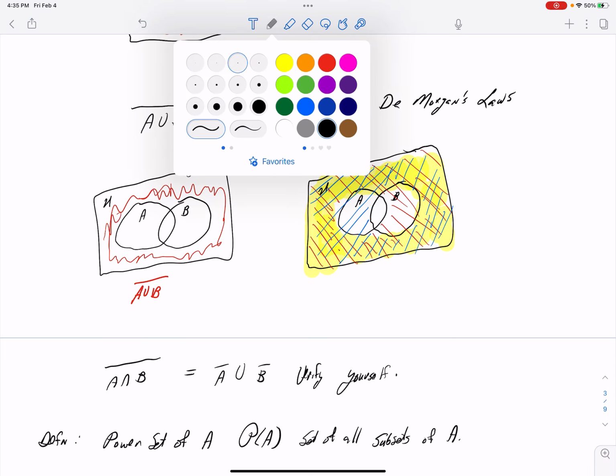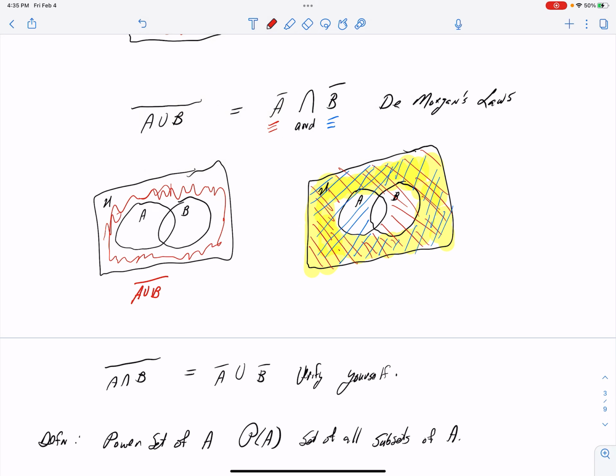But now I'm going to think about this expression, A complement intersect B complement. Now what is A complement? And the answer is A complement is everything that's not in A. And I'm going to draw that on my Venn diagram by little red marks.